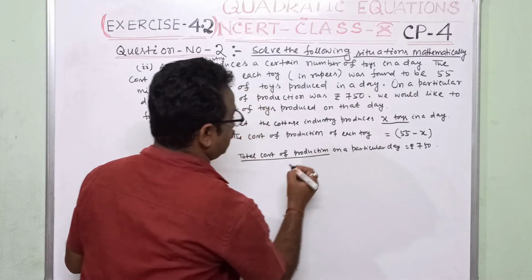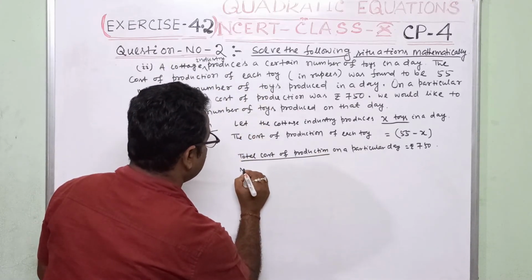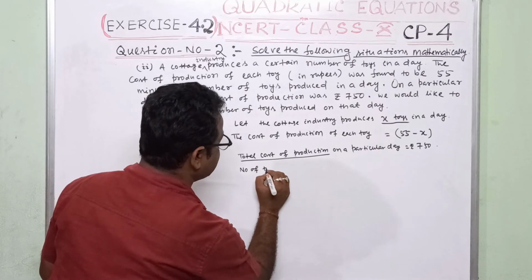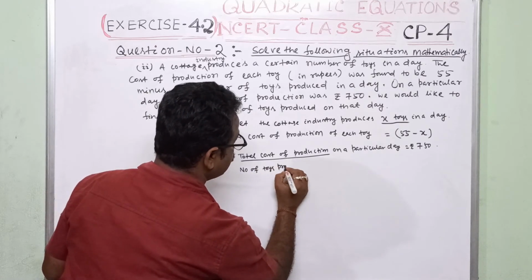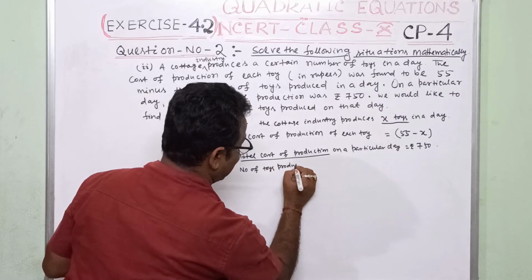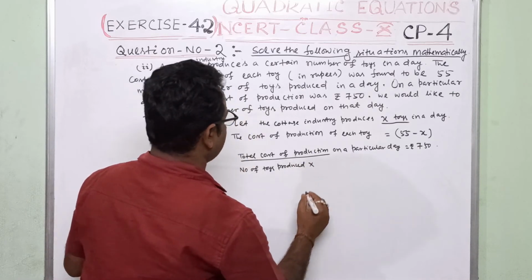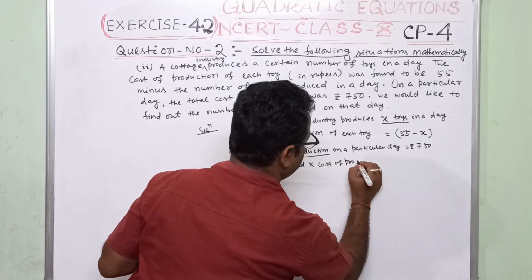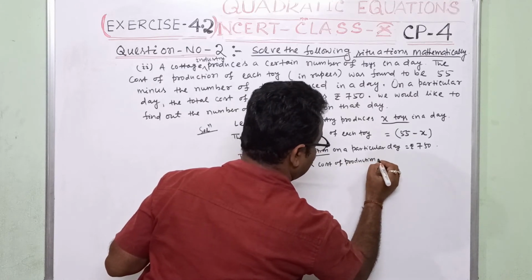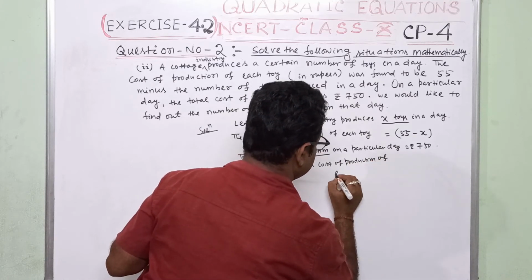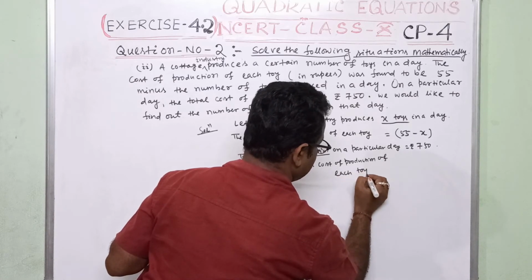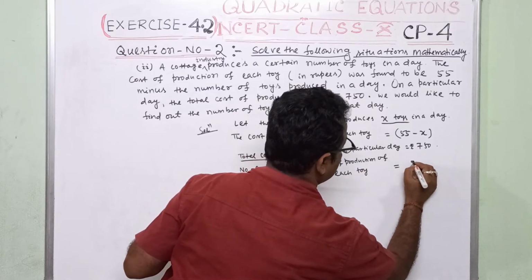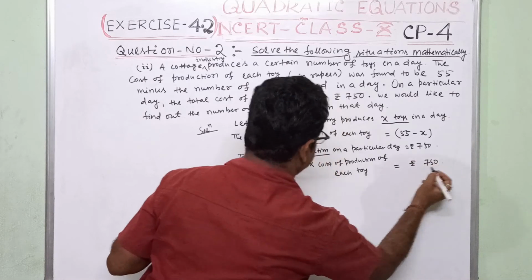Total cost of production is equal to number of toys produced into cost of production of each toy, which is equal to rupees 750.